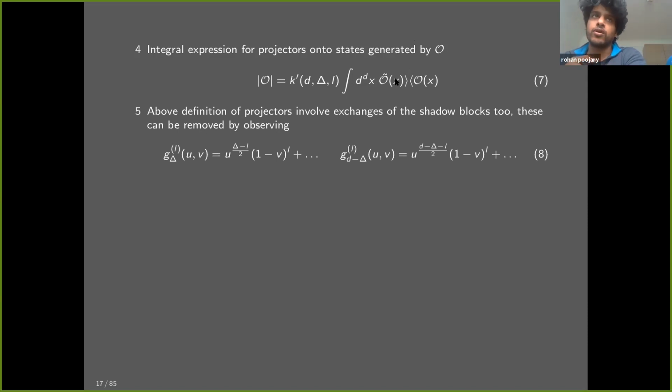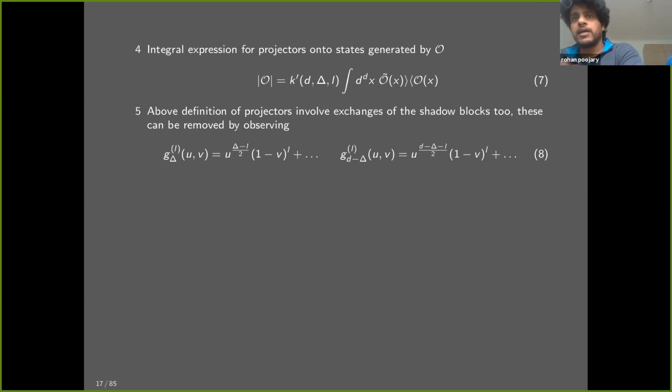It means that you are projecting onto states which are created by the operator and its shadow. So you need to factor out this shadow contribution. Okay, and the shadow is a fictitious operator.